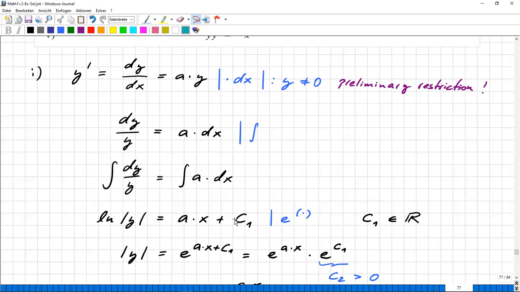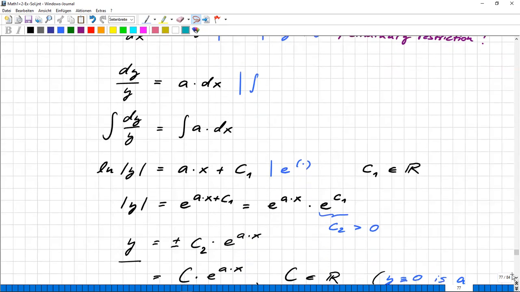On the right-hand side, now this is an important effect that occurs very, very often: what we get is exponential, so e to the power of the whole thing, which is a times x plus c1. And now, since we have a sum in the exponent, we may easily put this in a product form, as you know, by the well-known power rules. So what we have is e to the power a times x times e to the power c1.